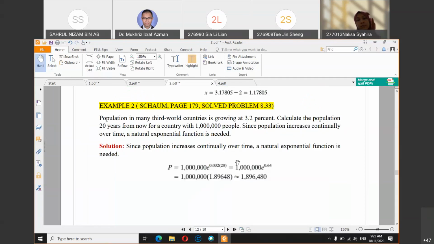Of course, this is on the calculation of population, so not really directly an economics example, but the application is still the same, using the continuous formula of return on investment, PERT.